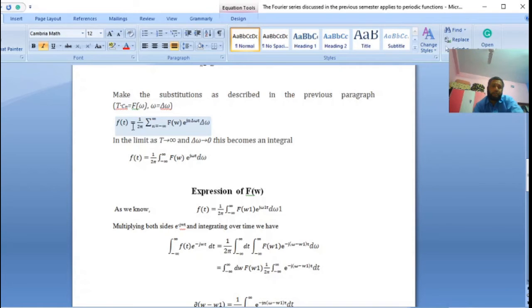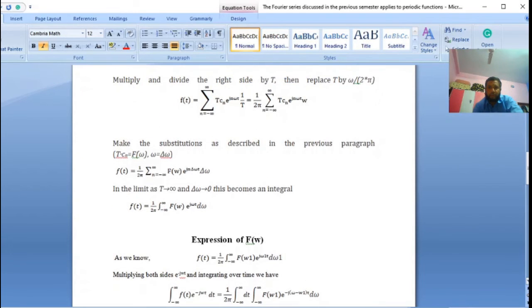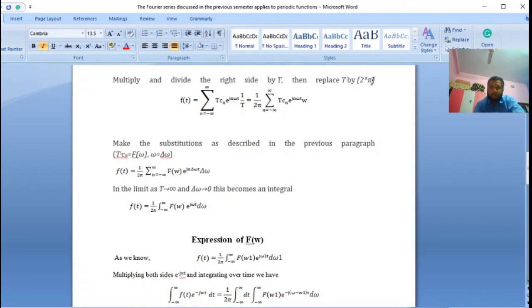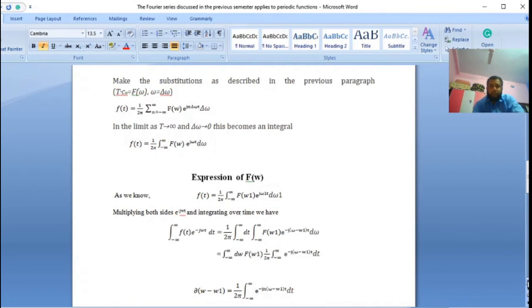I can write f(t) in this way. So if I put the limit T equal to infinity, that is delta omega tends to 0, we can get that.